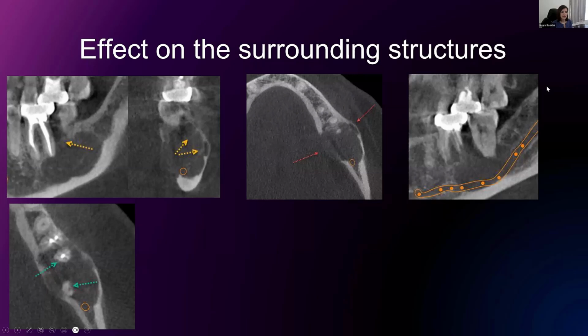And on this cropped sagittal view, we can see also how it's causing inferior displacement of the left mandibular canal towards the mandibular cortex. Also, it's important to emphasize that when a lesion has time to displace structures, it's usually a benign process, usually.